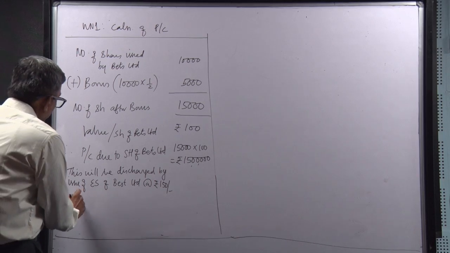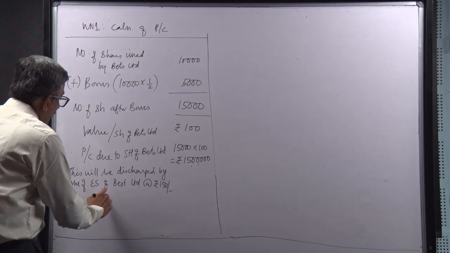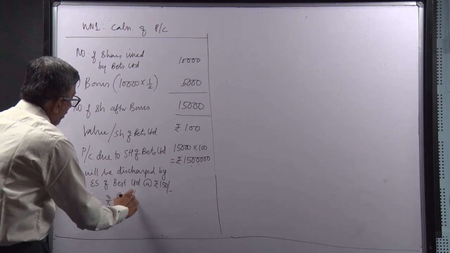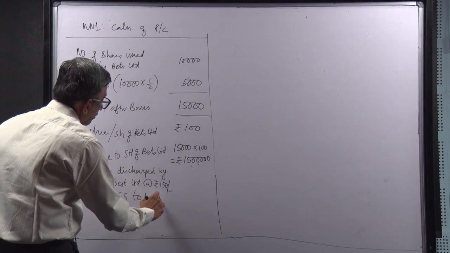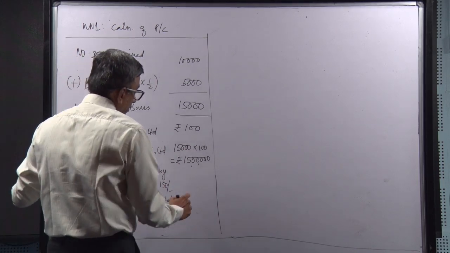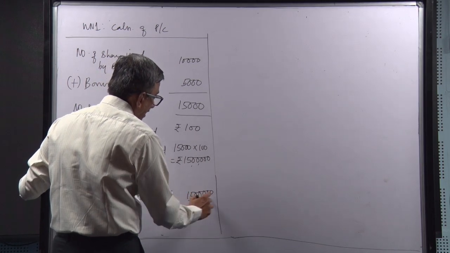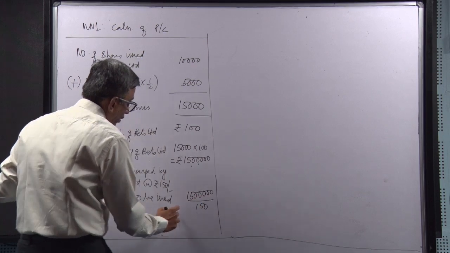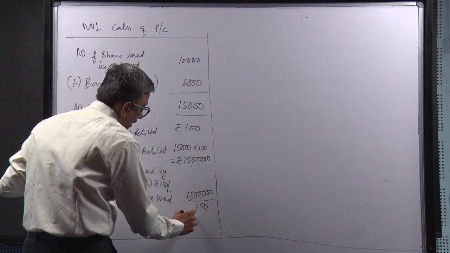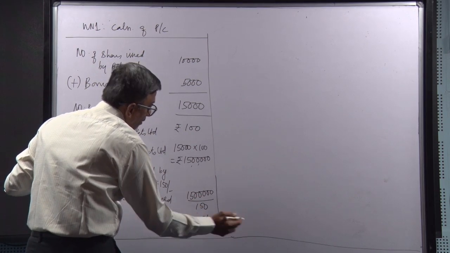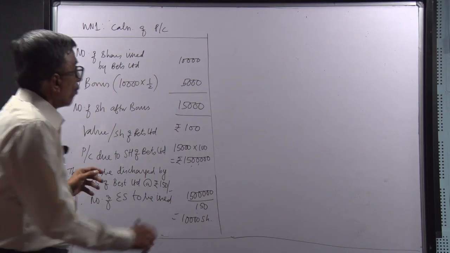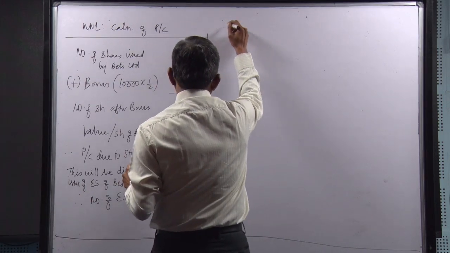Therefore, how many shares will be issued? Number of equity shares to be issued is equal to 15 lakh divided by 150 equal to 10,000 shares. So therefore, what is purchase consideration equal to?